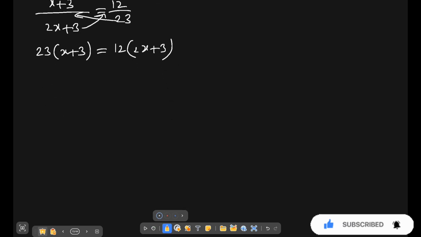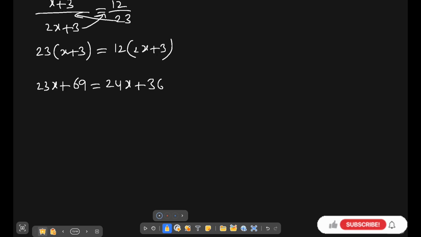Now 23 into x, 23x plus 23 into 3, 69, equals 12 into 2x is 24x, 12 into 3, 36.